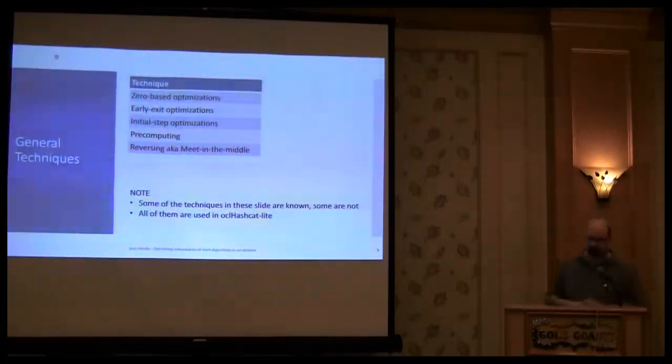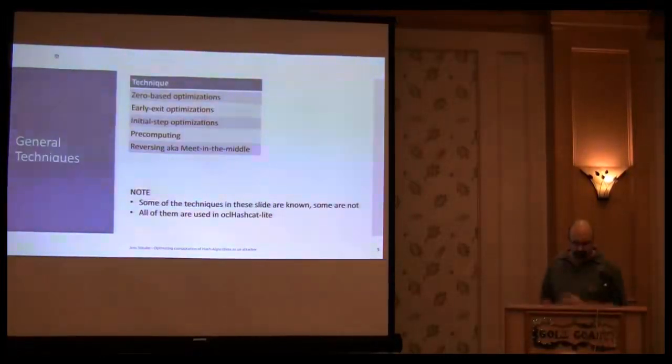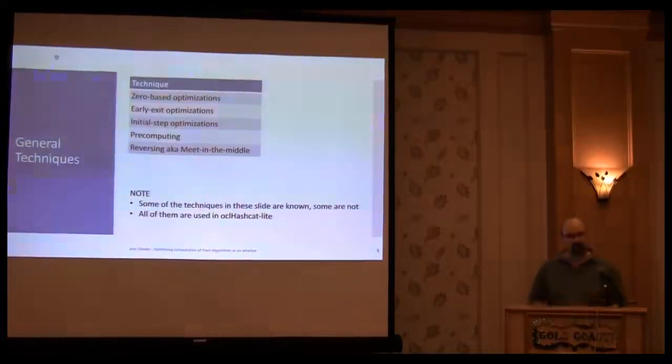So you have 5 general techniques that you can use. I will start with one note about this: all of this stuff is known, some more, some less, and it is all used in hashcat too.